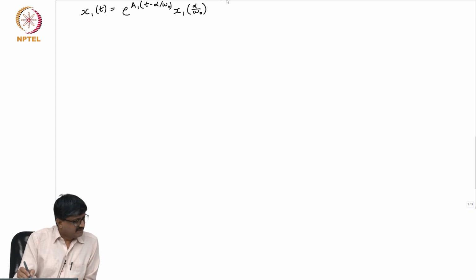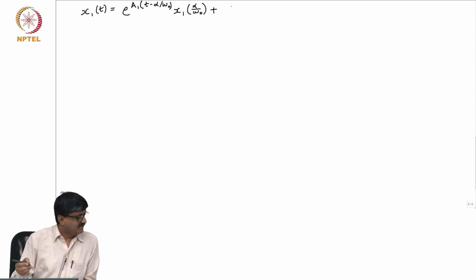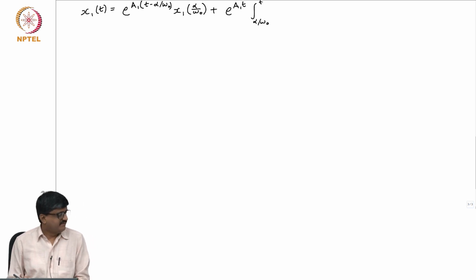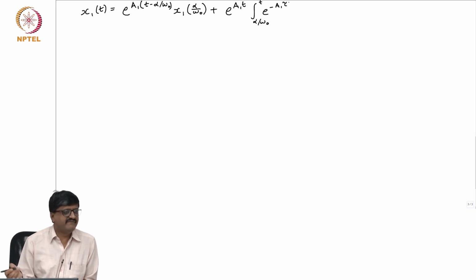Okay. The first term is due to the initial condition, the second term is due to the input. So, exponential A1 t integral from alpha by omega o to t exponential minus A1 tau, tau is a dummy variable, into u1 of tau d tau.